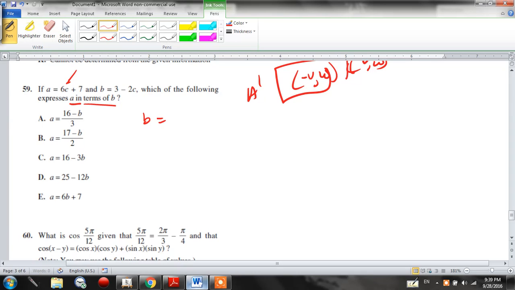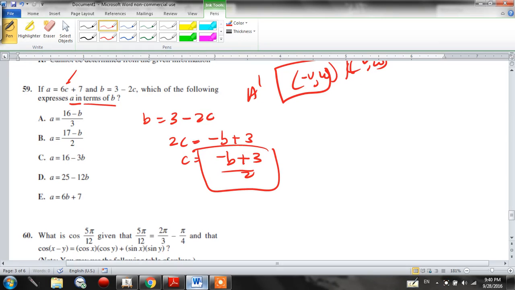So B equals 3 minus 2C. I'm going to solve this for C. I'm going to take the 2C over here and the B over there, divide by 2. C is going to be minus B plus 3 over 2. Now I'm going to substitute this in place of C. So A is going to be 6 times this whole thing, minus B plus 3 over 2, plus 7.